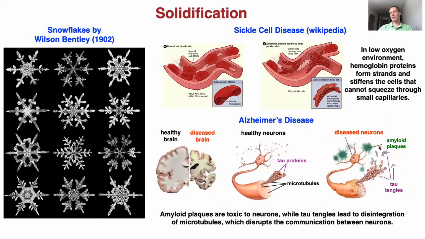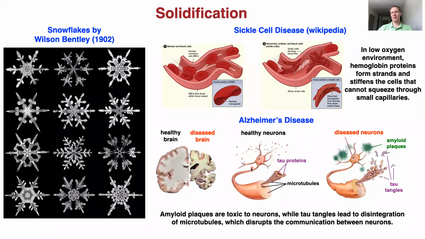And there's another type of aggregate that can form. Inside the neurons, you have these long cables, which are called microtubules. And inside the microtubules, you also have so-called tau proteins, which provide stability to these microtubules. And these microtubules, at least in the context of neurons, participate in the communication between neurons, right?